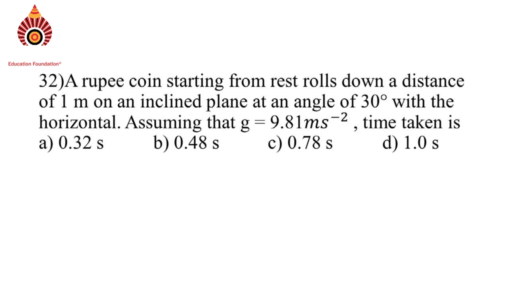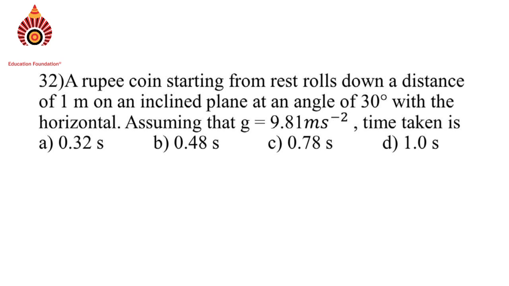Question number 32. A rupee coin starting from rest rolls down a distance of 1 meter on an inclined plane at an angle of 30 degrees with the horizontal. Assuming g is equal to 9.81 meter per second square, find the time taken.